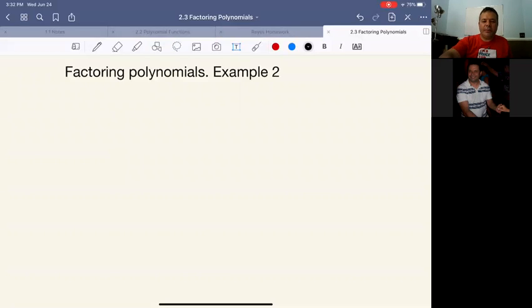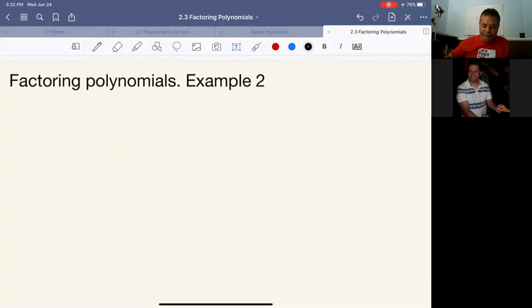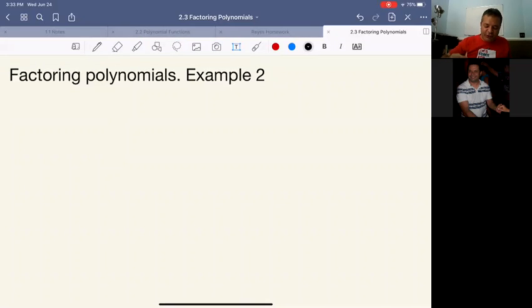All right, welcome back. Before we do our next example, let's just go ahead and talk about the rational zeros theorem, just the full version.